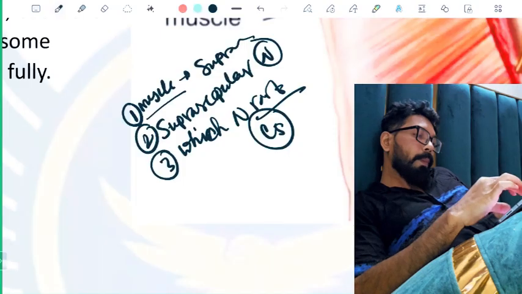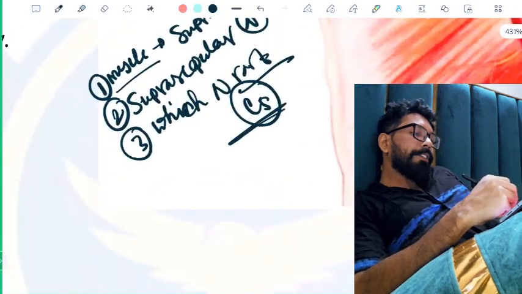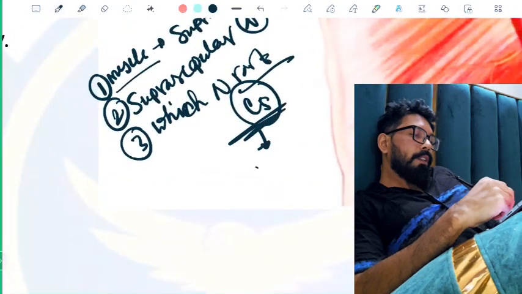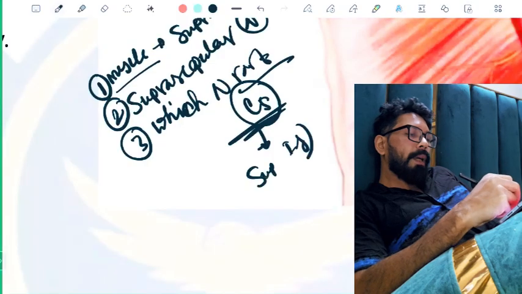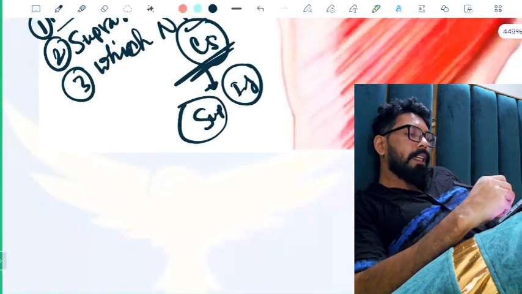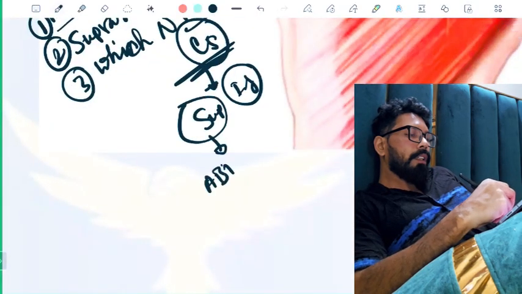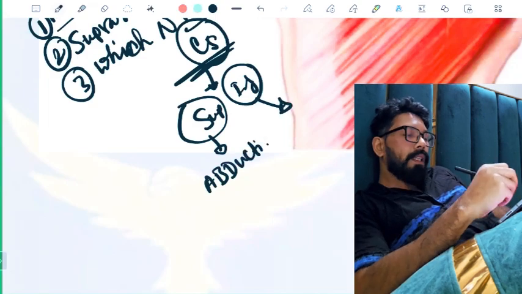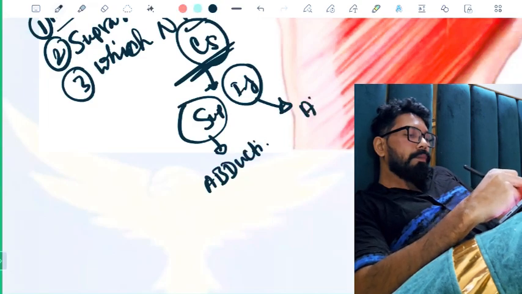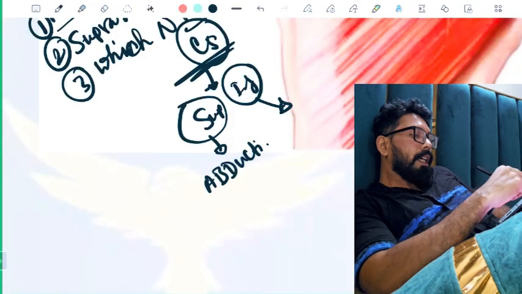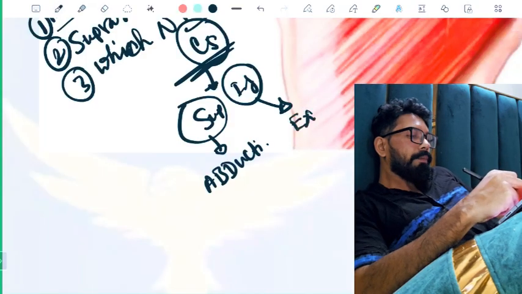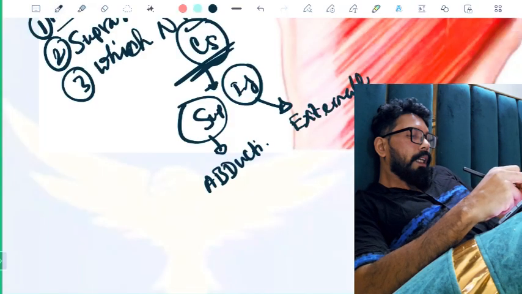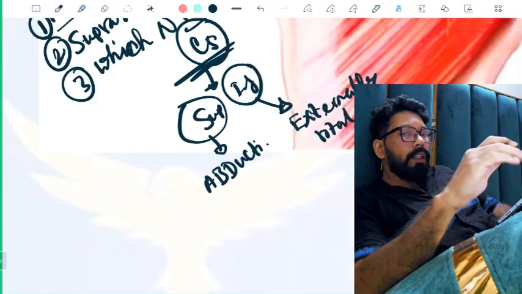So in case of C5 injury, we will have supraspinatus and infraspinatus paralysis. Just like I showed you, abduction will be impaired, and the person cannot externally rotate the arm. Externally rotate like this.